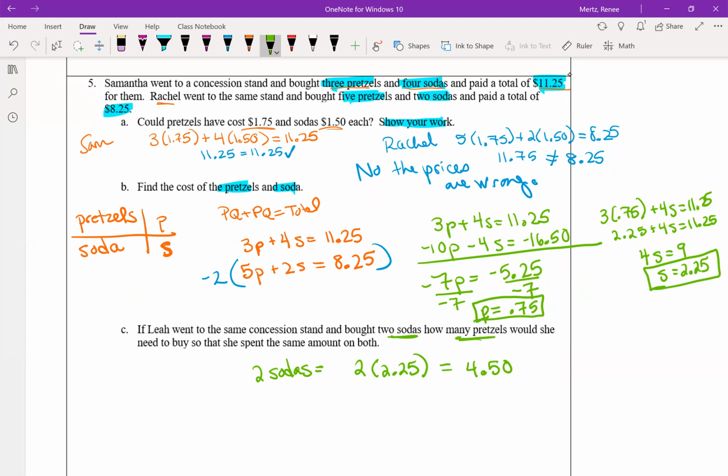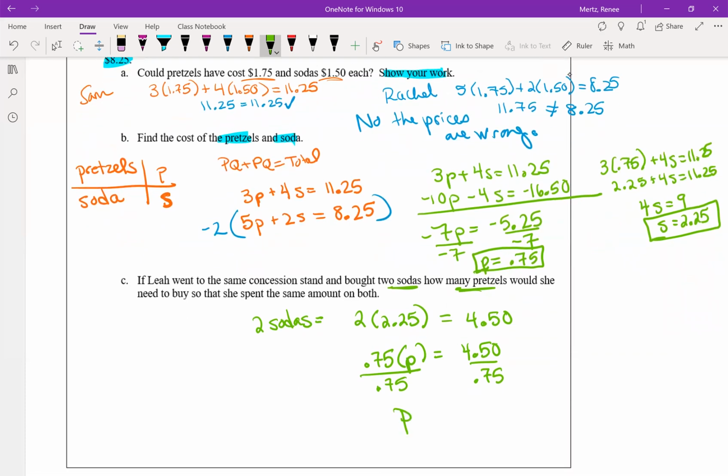Pretzels are 75 cents times P to equal the same amount. So 4.50 divided by 75 cents. She could buy 6 pretzels.